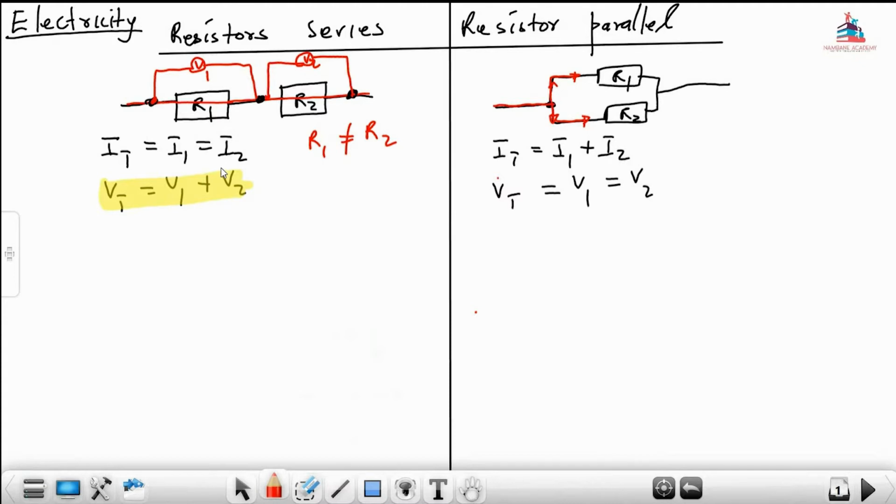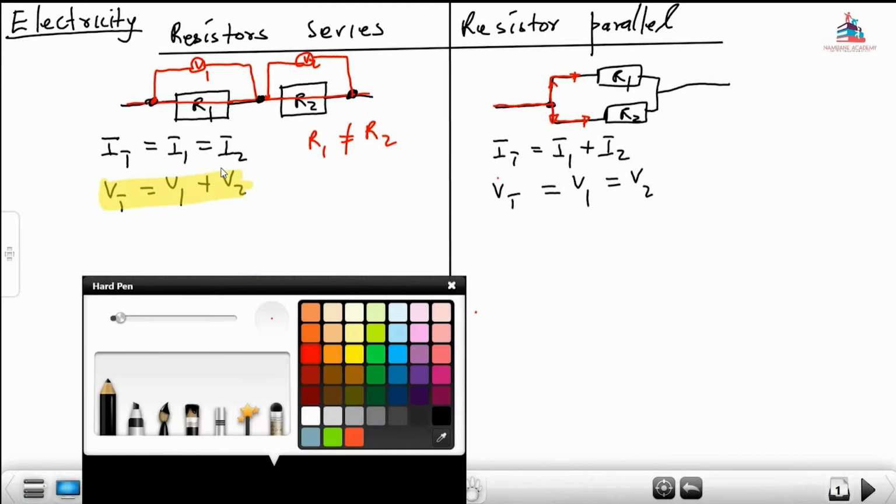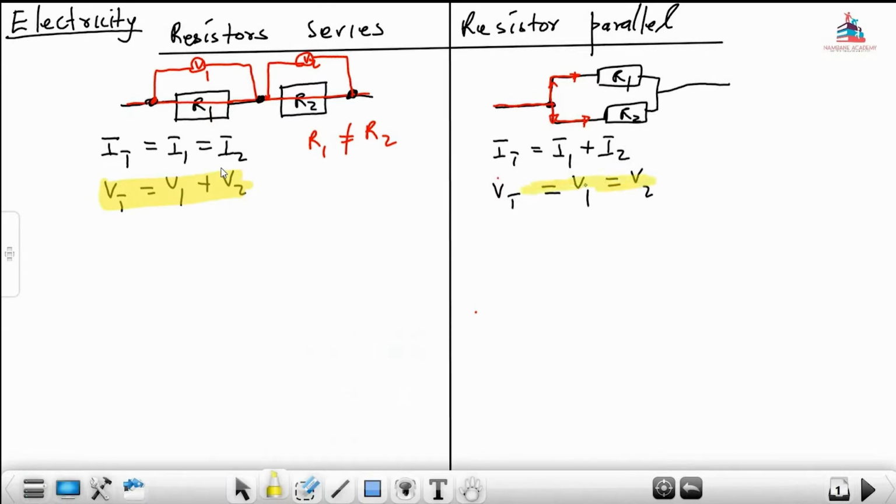And once they have different voltages, I am going to add the two voltages to get the total voltage. But once I have established that I have resistors that are connected in parallel, then I'm going to have the same voltage across each resistor.